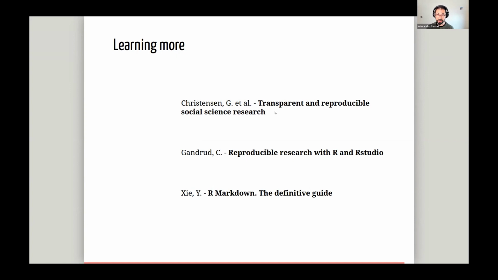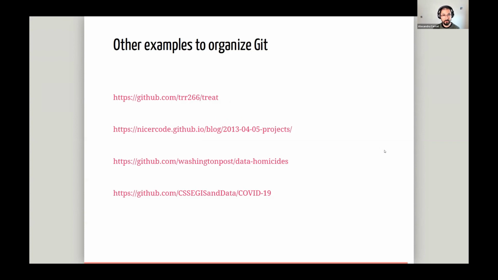I highly recommend it. Then if you're interested in R and R Markdown, these two books are useful. Again, you can find some of these online for free. R Markdown for sure. I think this one is available on GitHub if you want to look at it. So I think these would be places where you can go to learn more.